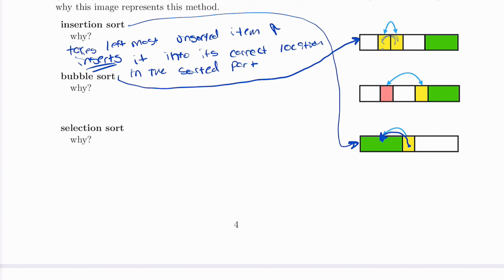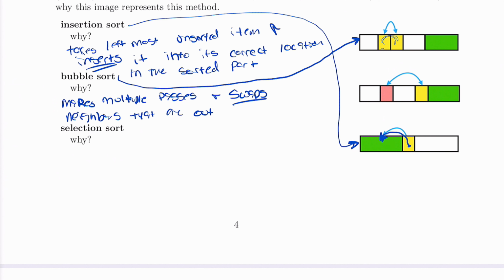So bubble sort makes multiple passes and swaps neighbors that are out of order. This is what this picture is telling us. It's looking at neighbors and it's swapping them.